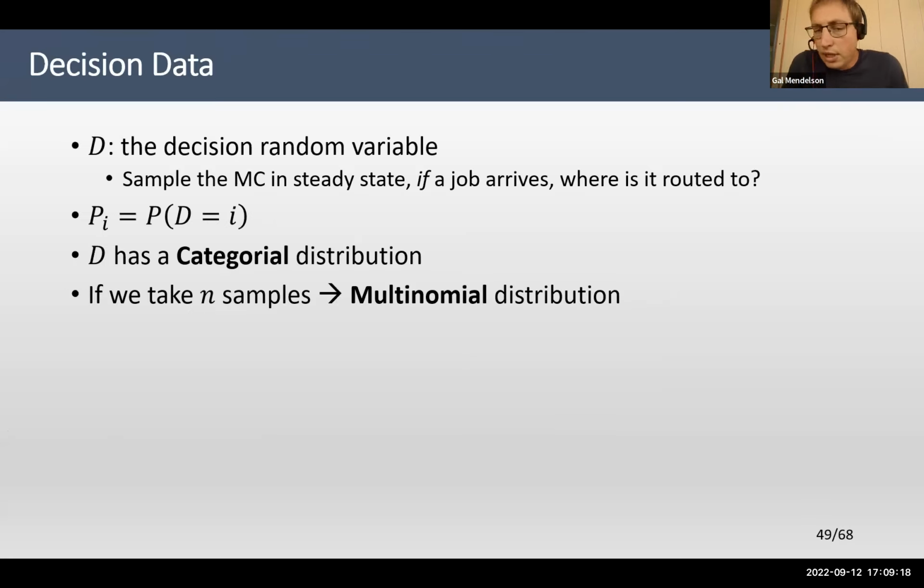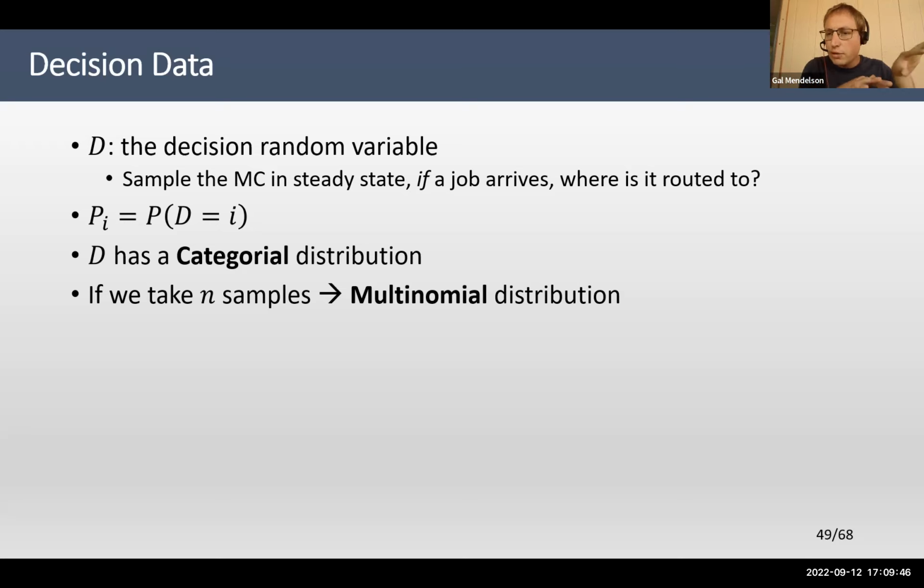All right, so let's talk about decision data. What is it and how to use it? Let D be the decision random variable, defined rigorously as follows. I did not provide the technical details here in the assumptions, but we think about our parallel server model with, for example, Q length based adaptive control, such as JSQ or whatever it is.